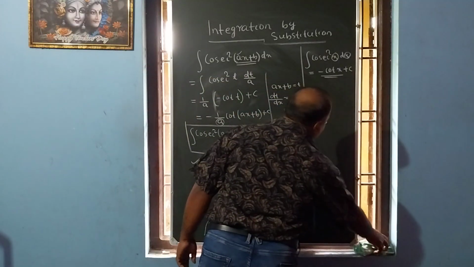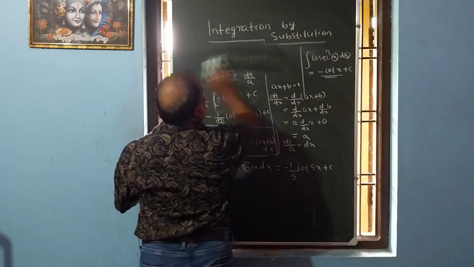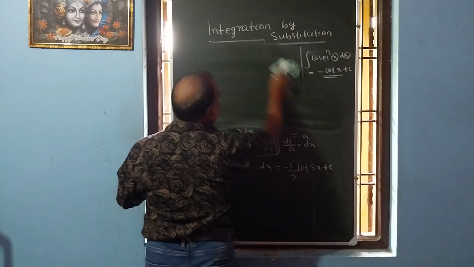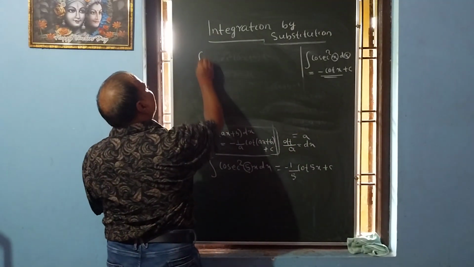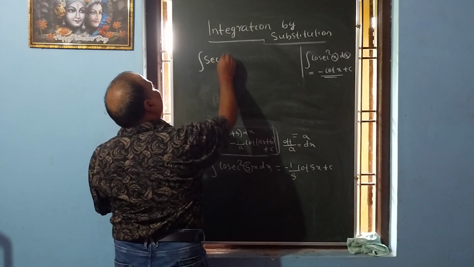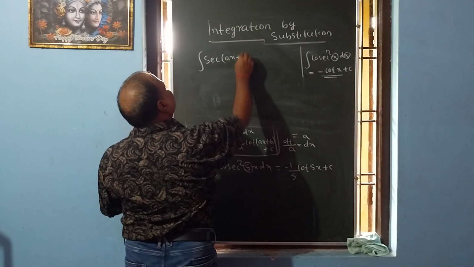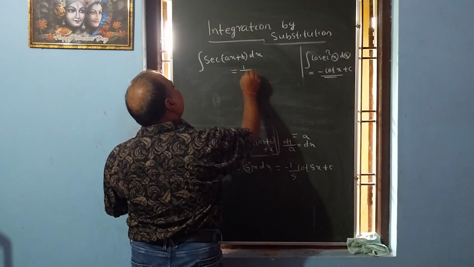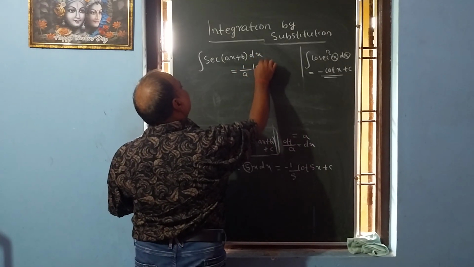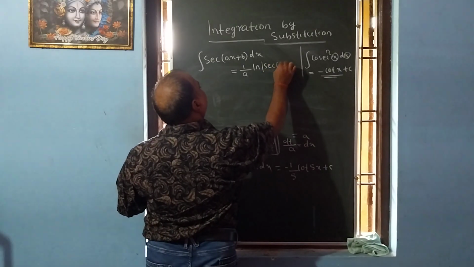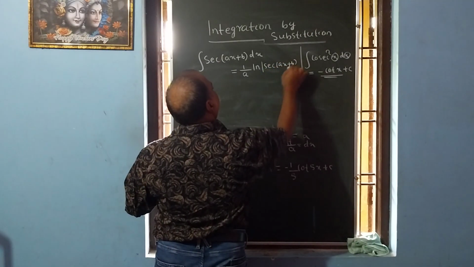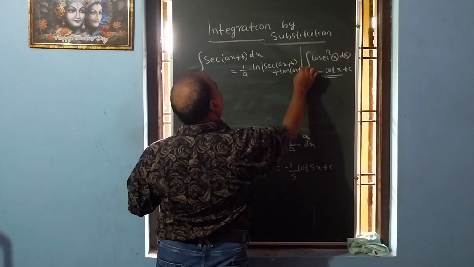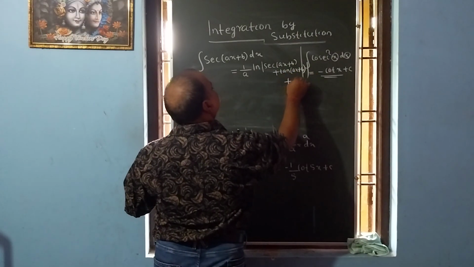Next, write down another type. Integration of sec (ax plus b) into dx. The result will be 1 by a ln of (sec (ax plus b) plus tan (ax plus b)) plus c.